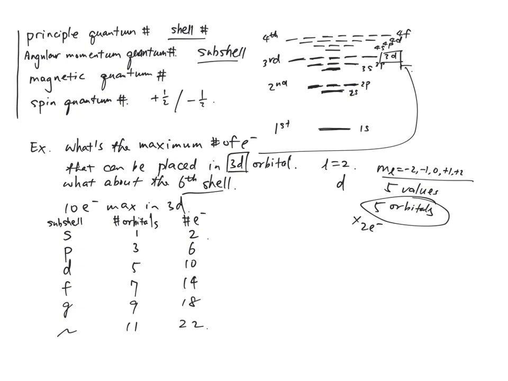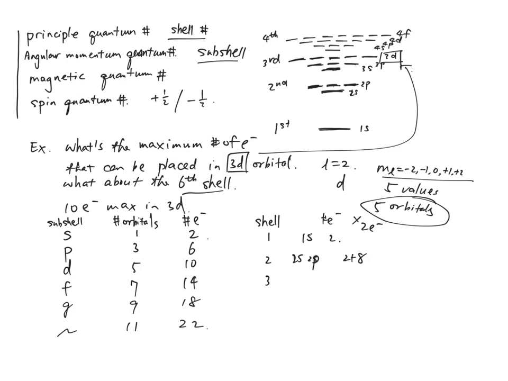So now, if you have the first shell, your subshell is going to be 1s, and you're going to have a total of 2 electrons. Second shell, you're going to have 2s, 2p, and the total electrons would be 2 plus 6, that's 8.